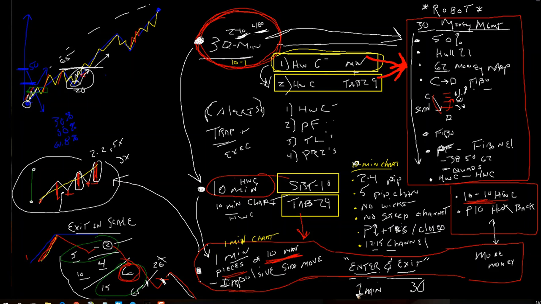If you were going to use an enter and exit of the 1-minute wave on 30-minute trades, top left, I would be in and out, in and out, in and out, just for the first leg of a 10-minute move. And we can't do that.